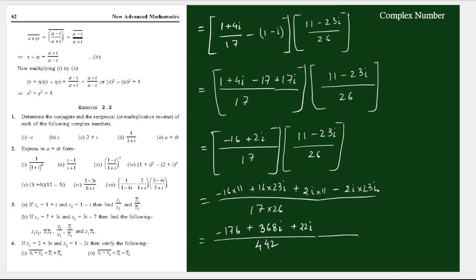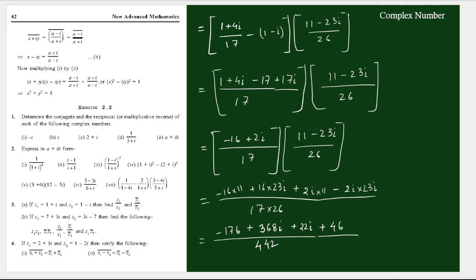So i into i is minus 1, i square is minus 1, minus into minus plus. So now 23 into 2 is how much? 46. 16 into 23, wait, let me check. 368, perfect.